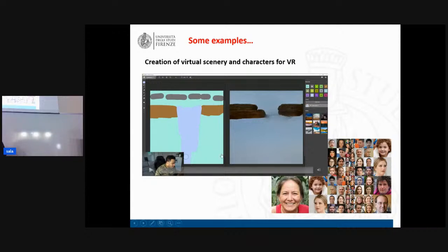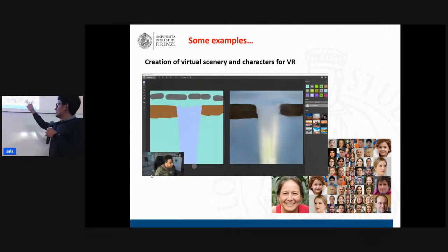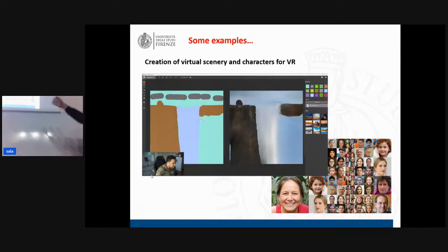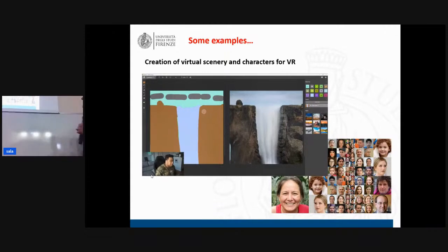Another example, which is connected to virtual reality and things like that, is the possibility of generating virtual characters. All these faces that you see here are generated by a neural network. None of these humans is real, and they all look very convincing, like very realistic people.